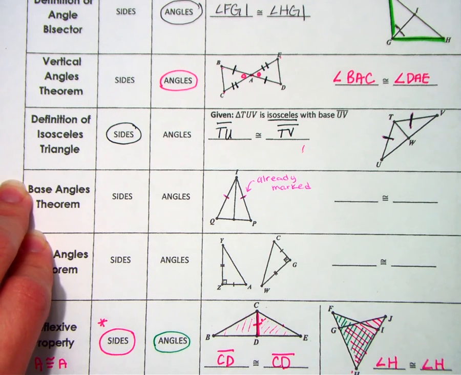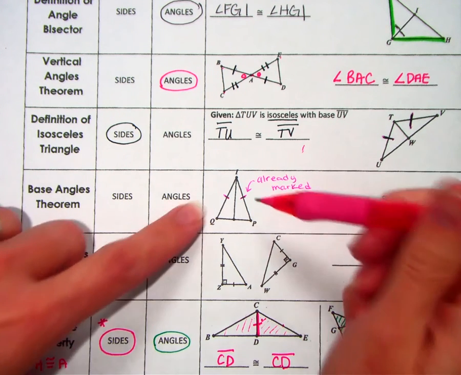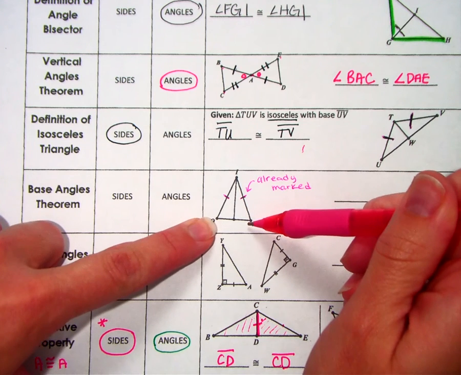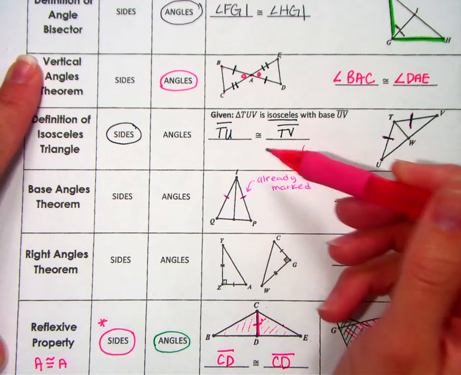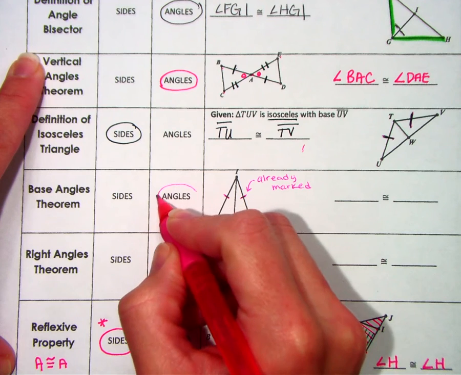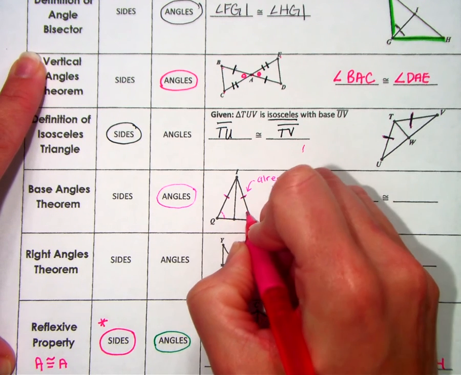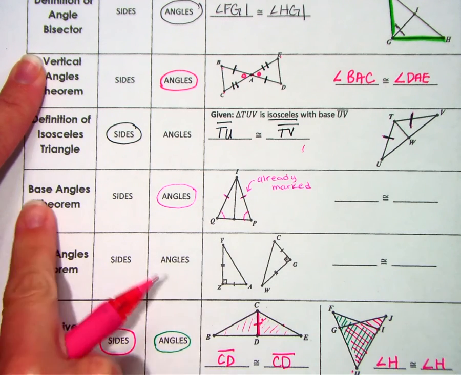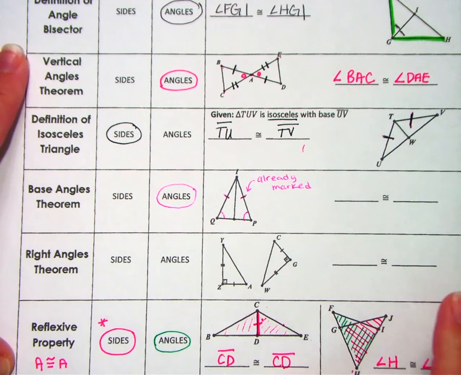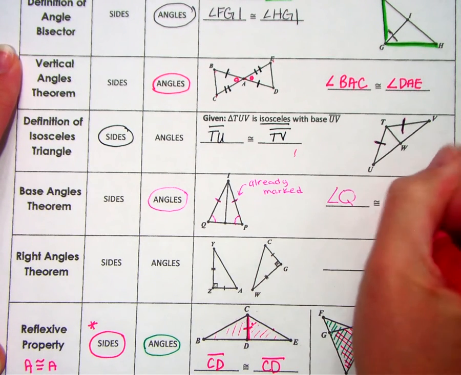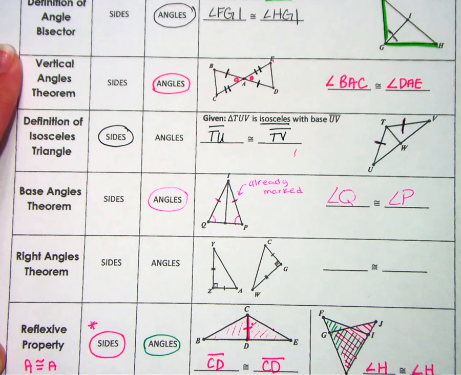If you have an isosceles triangle, isn't it true that if the two sides are congruent, then the two angles down here are also congruent? So you can get a set of angles if you know that the triangle is isosceles by the base angles theorem. Those angles would be angle Q is congruent to angle P.